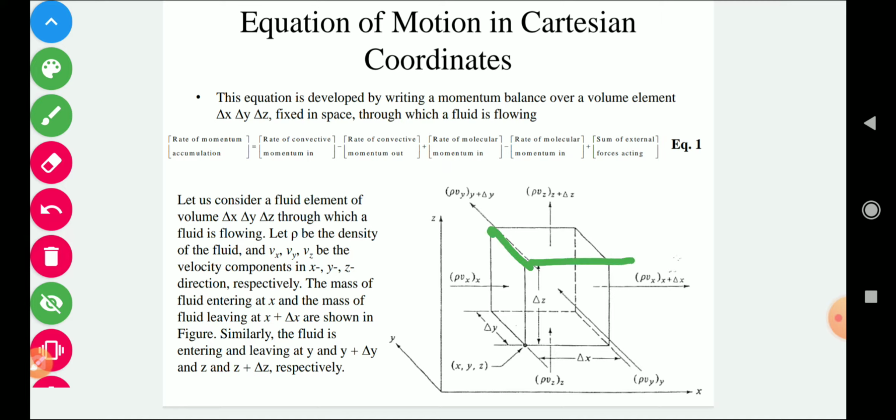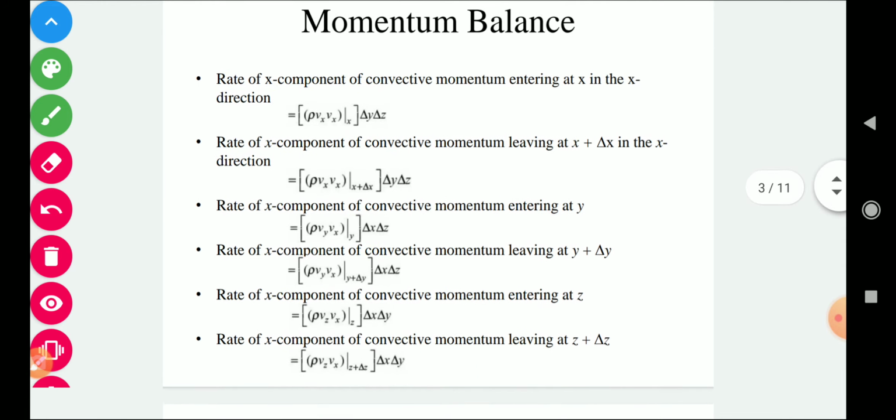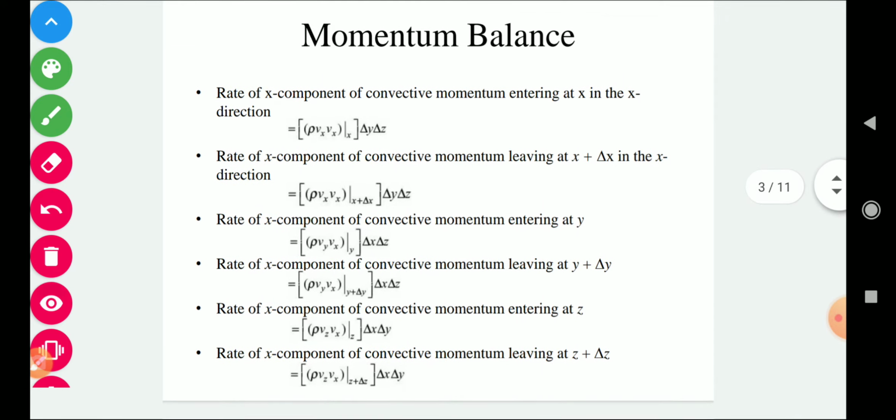So delta x into delta y into rho vz into vx at z. Similarly, rate of x component of convective momentum leaving at z plus delta z will be this one.